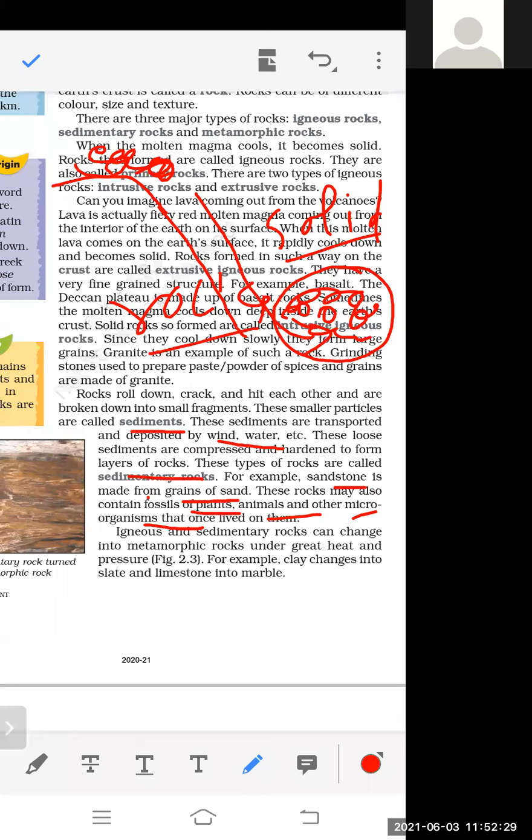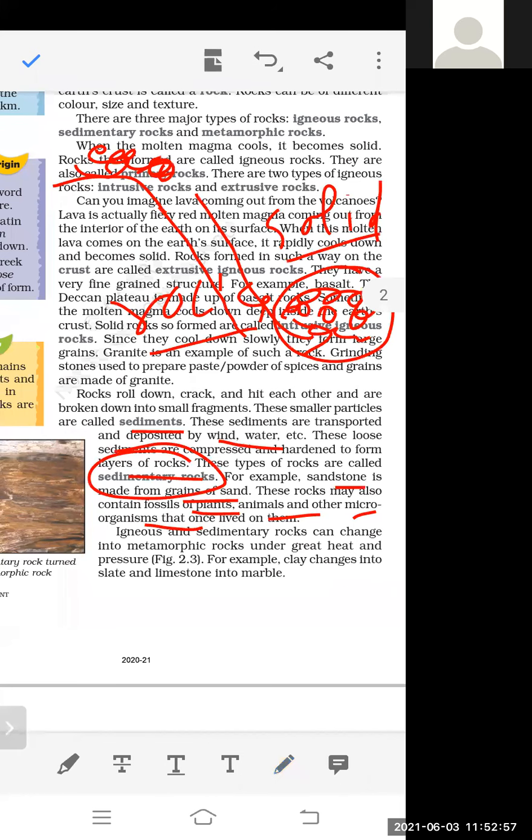That's why coal, petroleum, and natural gas are found in the sedimentary rocks, which are formed by the grains, sediments, or fossils of plants, animals, and other microorganisms. Remember it.